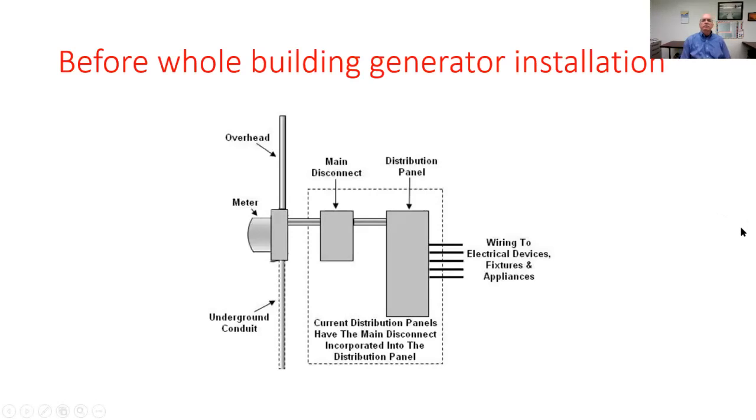All right, so getting back to these generators, before the whole building generator was installed, this is what you had. You had a meter, you had an overhead service or an underground service, you have a main disconnect, and you have a distribution panel, and then you're going out to your different loads. Well, just replace this main disconnect with a whole house transfer switch.